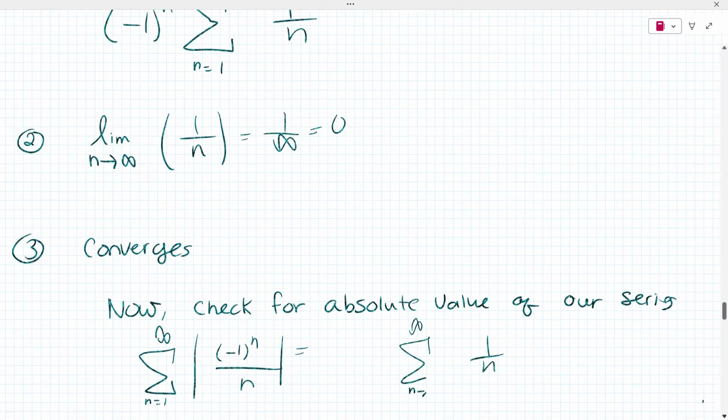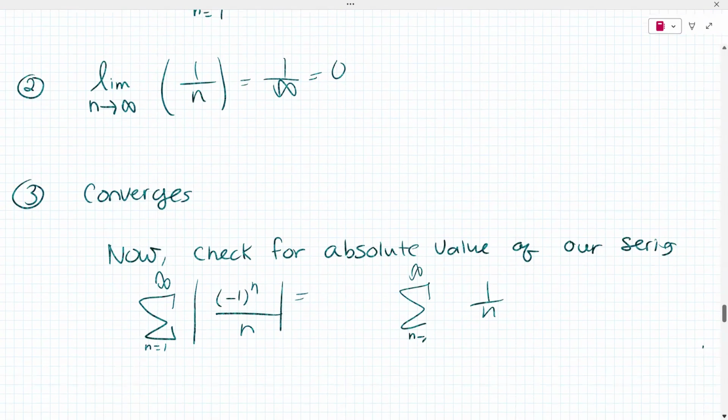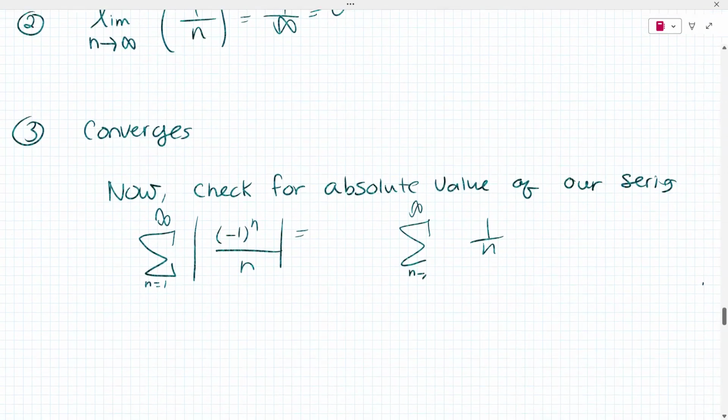Now, it's no longer alternating because it's not -1 raised to n. So that means we have to choose another test, since it's not alternating.